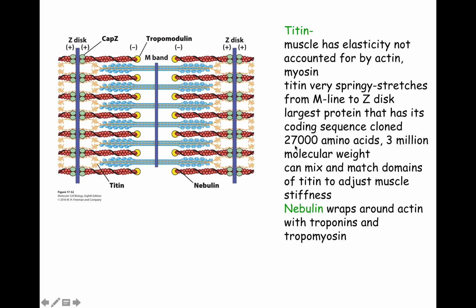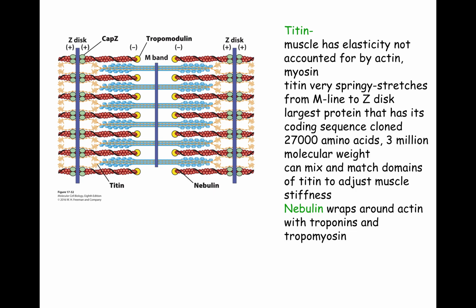It's a giant protein, 27,000 amino acids. Remember I said ryanodine receptors were big because they're 6,000 units times 4, so 24,000. This is even bigger. Has a molecular weight of 3 million.